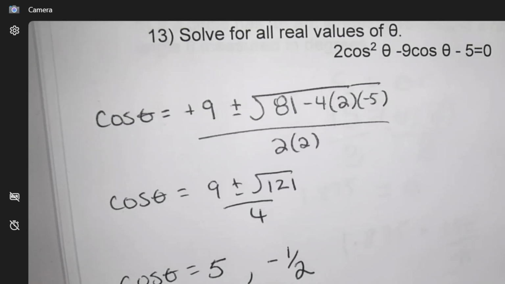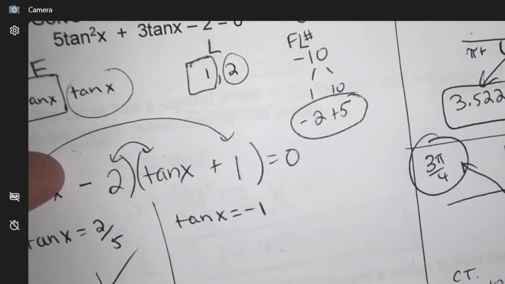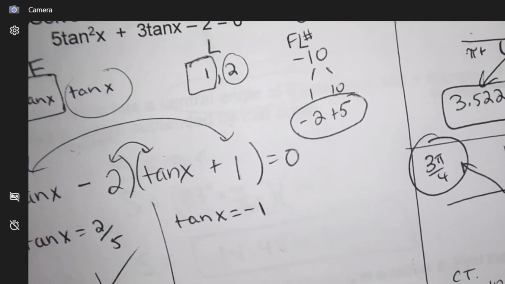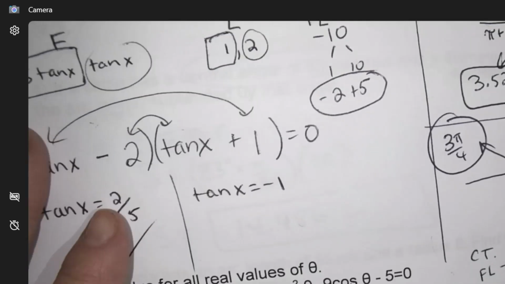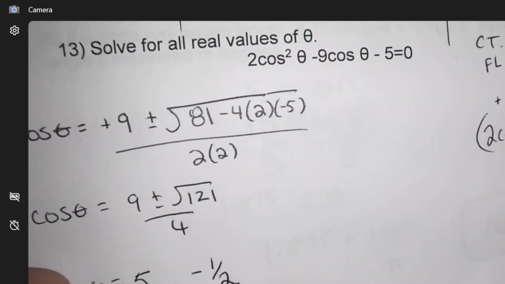Practice using the formula just in case something on your test doesn't factor. You always have that. Or even on this last one, if you're just like, I hate factoring complex, just use the formula then as well. It'll get you to the same answer.